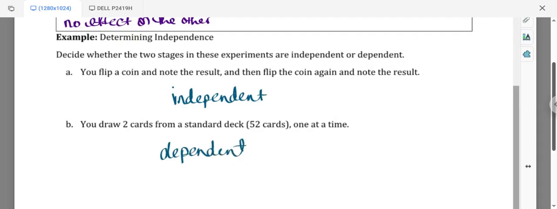If we said with replacement, meaning we're going to put that card back in the deck when we draw the second time, now it's independent. Because you have the same 52 cards both times. So if you see that with replacement, it means it goes back in, and it's now an independent event.